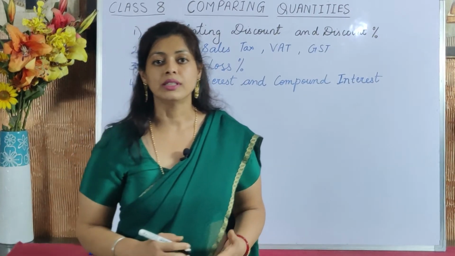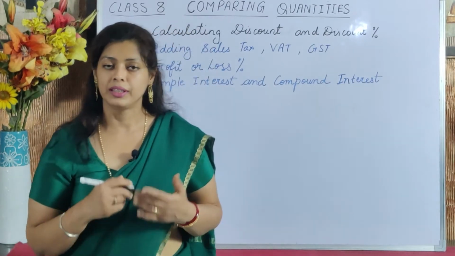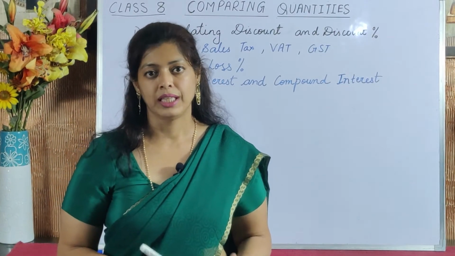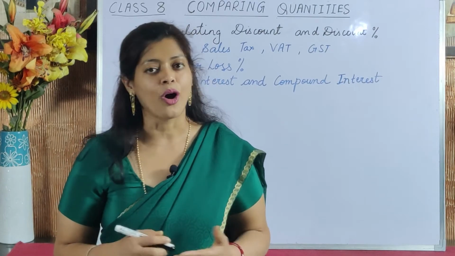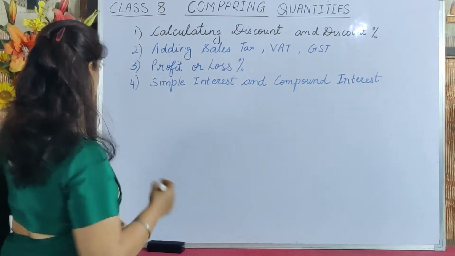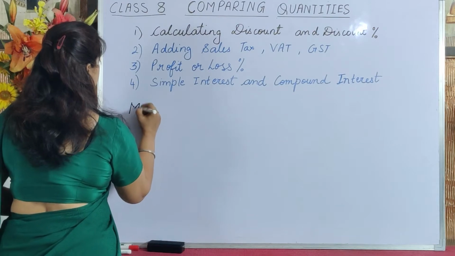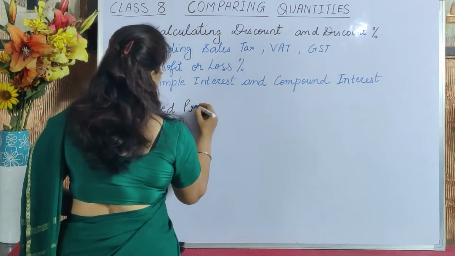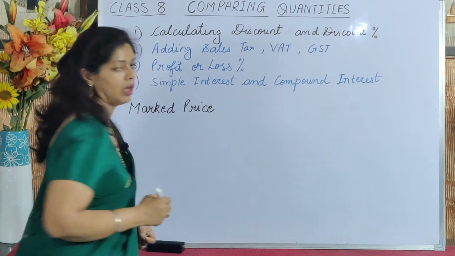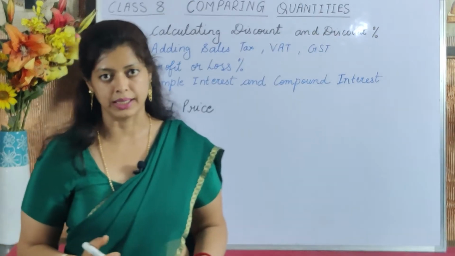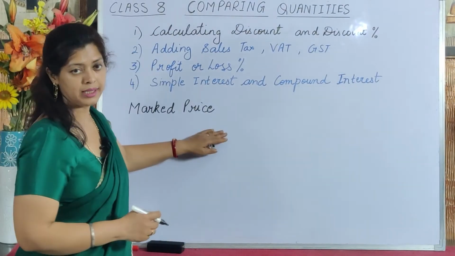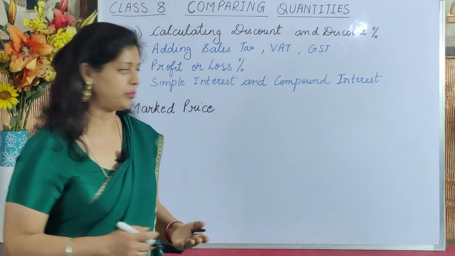And we need to know certain terms associated with discounts. Now, the price on any item is called its mark price or list price. So, the price on any item is the mark price. And discounts are a reduction on the mark price. That is, if we subtract discount from the mark price, we get the sale price.